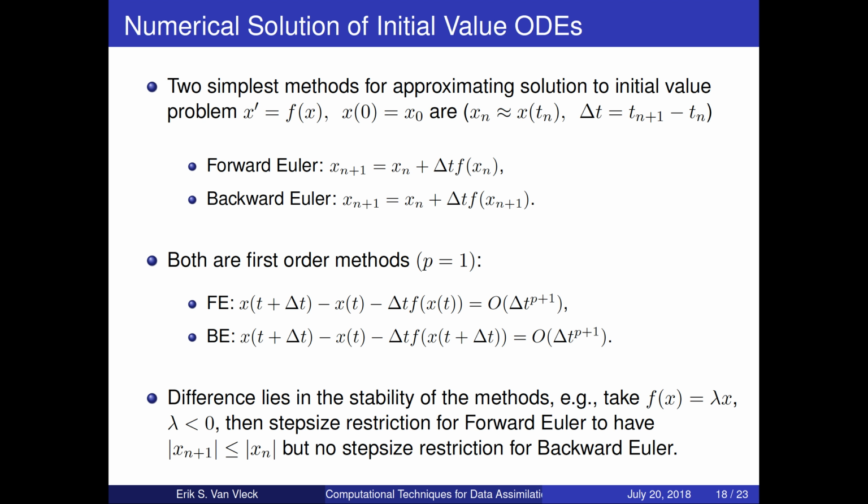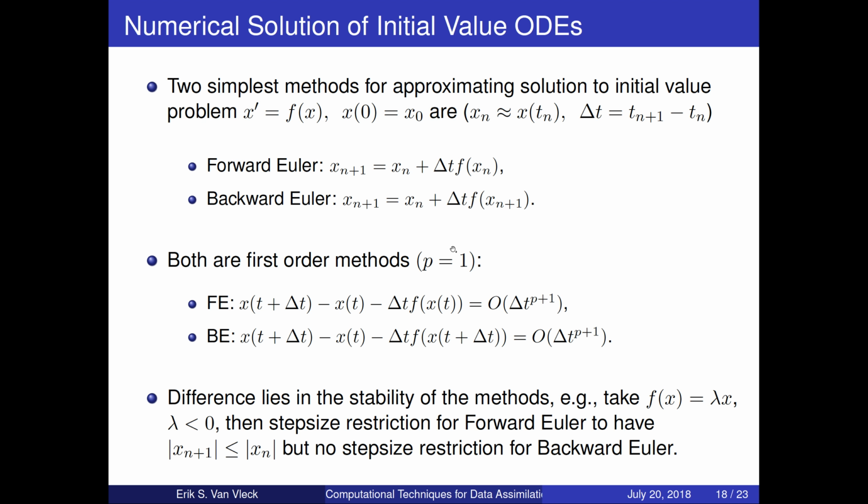So, the numerical solution of initial value problems, where we have x prime of t equal to f of x, an autonomous problem with an initial condition x naught, where we approximate the solution at time tn by xn, and in this example, we use a fixed time step delta t. So the two classic examples, both first order, are forward Euler and backward Euler.